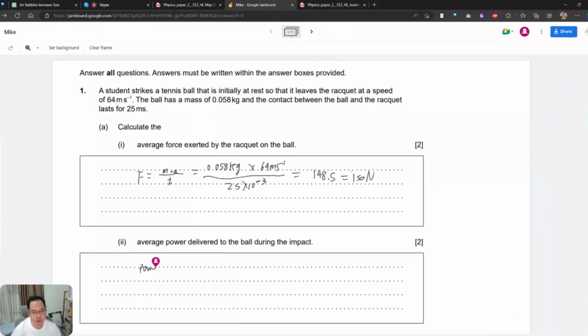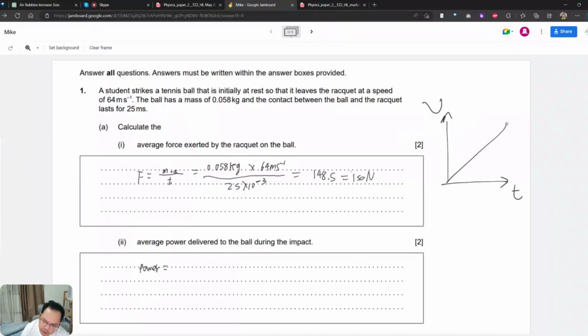Question 2. Average power. Power is energy divided by time, but what does it mean by average? Why is it called average? Because the speed increases from 0 to 64, but we don't know how it increased. For example, this is the graph of the speed, and this is the time.